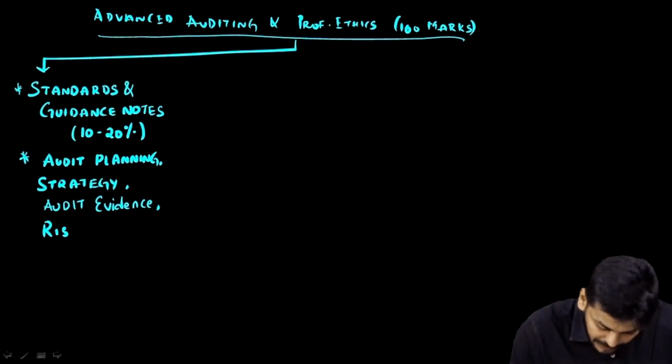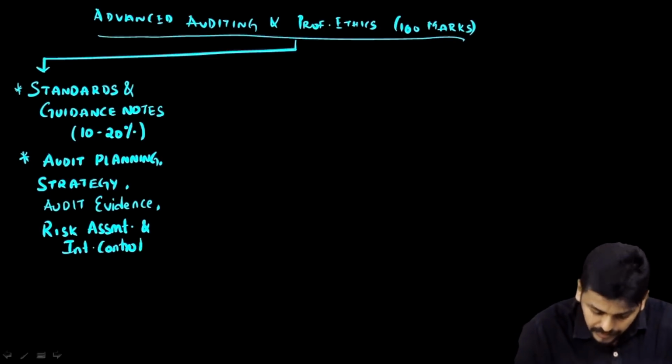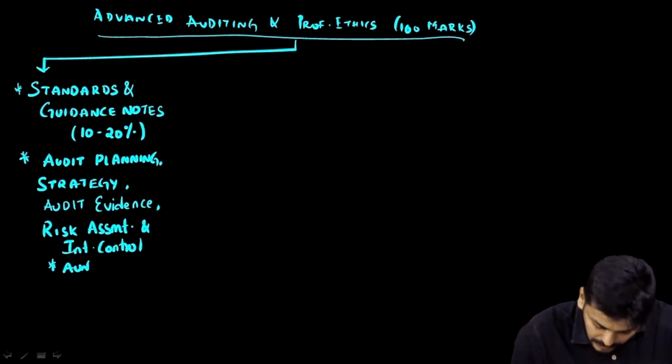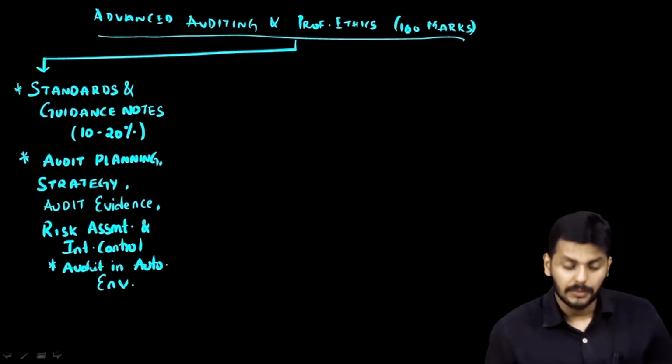Then risk assessment and internal control. This piece, when I say risk assessment and internal control, also includes audit in an automated environment, where we are using computers and all this stuff.